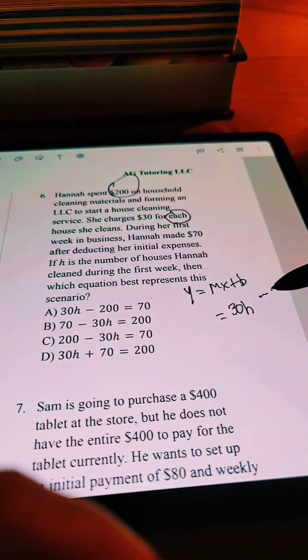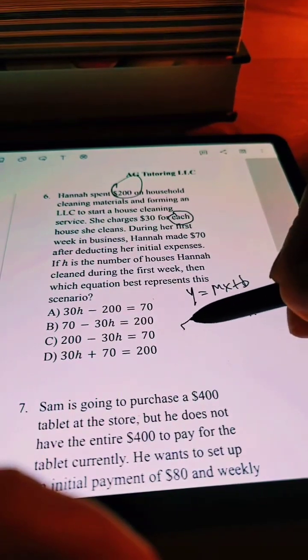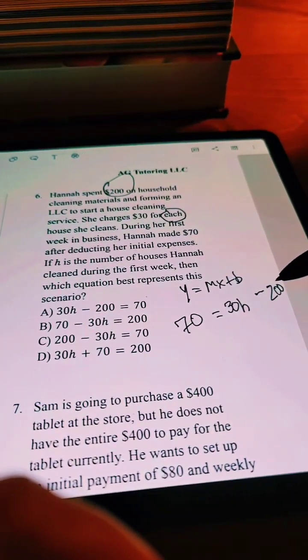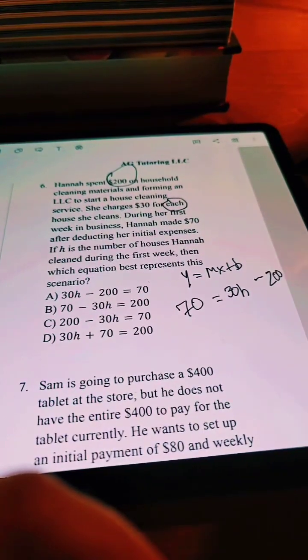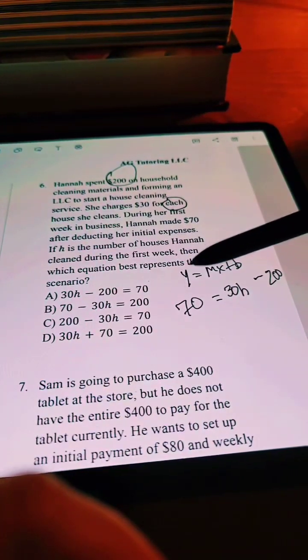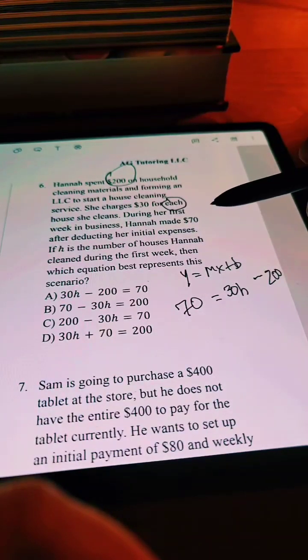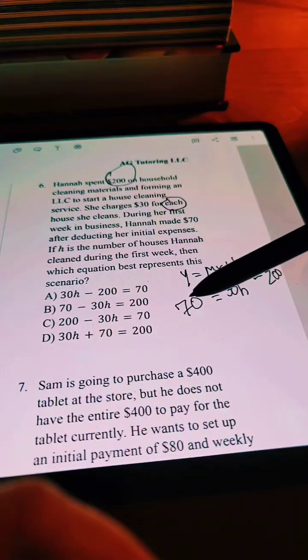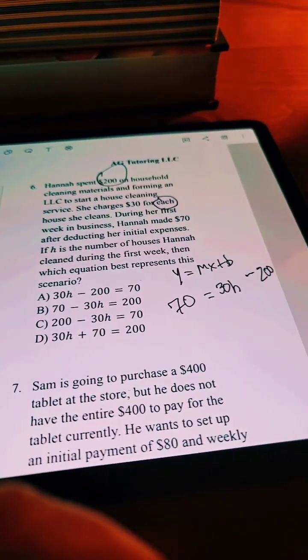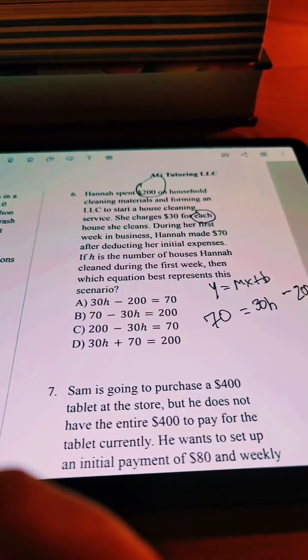So it'd be minus the 200 gives you $70 left over. Which you could think about like you could have made your own variable for what could represent Y, and then just said that we're thinking about Y being 70 here. I'm trying to think of ways to relate it to this.